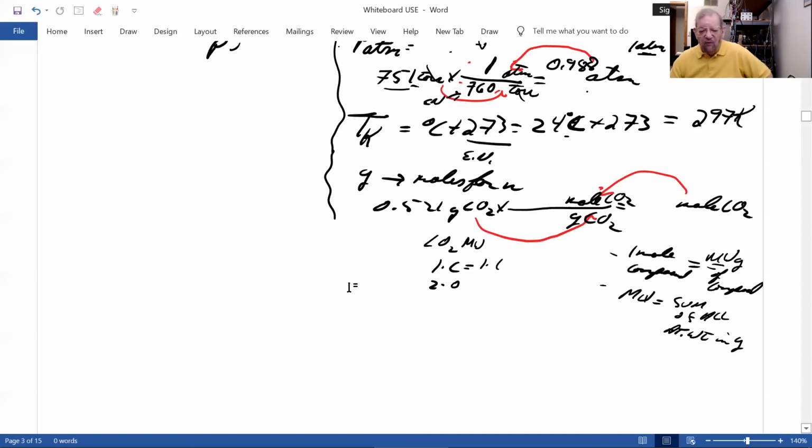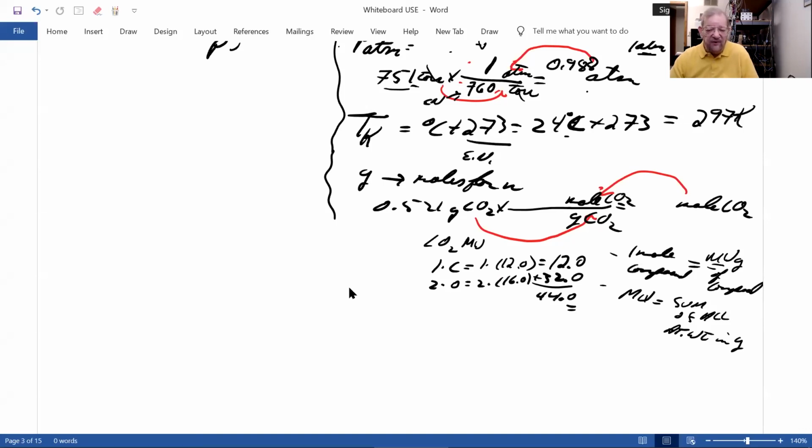So I have 1 times 12.0, 2 times 16.0, 12.0, 32.0. You add it up, 44.0. You get the same number of significant figures to the right of the decimal as the number you're adding that has the fewest. In this case, they're both 1.